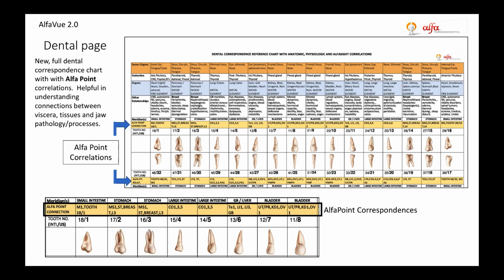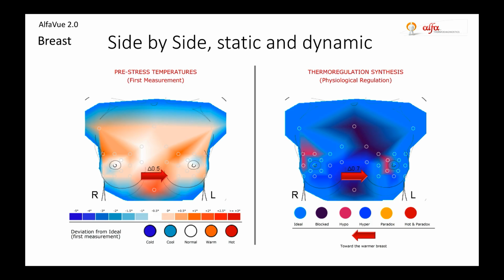So you can see how we measure points and how those can relate through the meridian system back to the teeth, and then in a retro fashion as well, from the organ to the tooth and from the tooth to the organ.